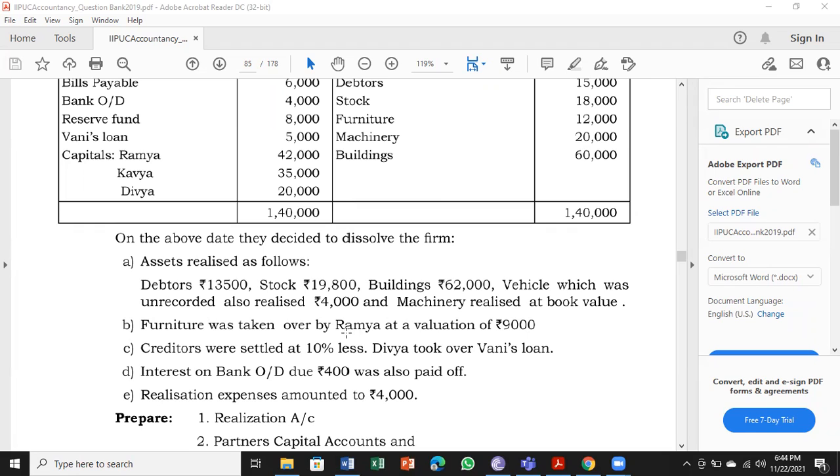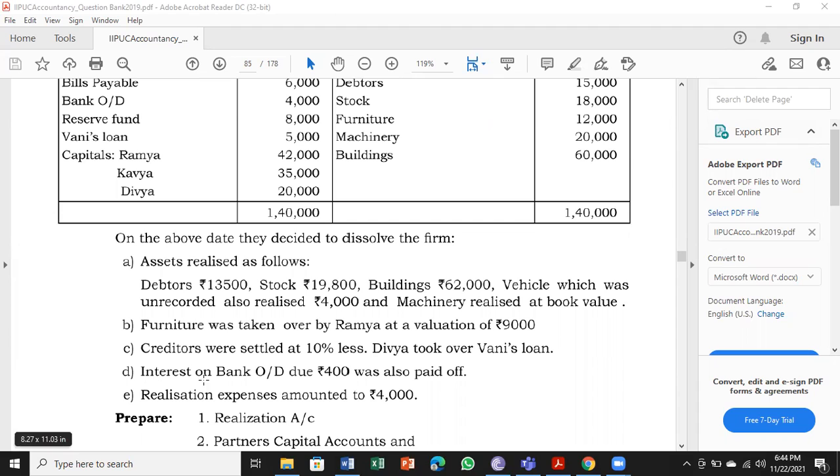Next, information B. Furniture was taken over by Ramya at a valuation of 9,000. So asset taken over. Next, C. Creditors were settled at 10% less. Divya took over Vani's loan. So in adjustment C, we have two entries. One, creditors paid; one, liability taken over by one of the partners.